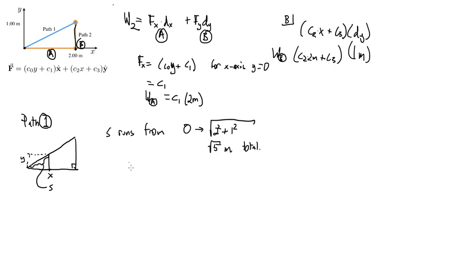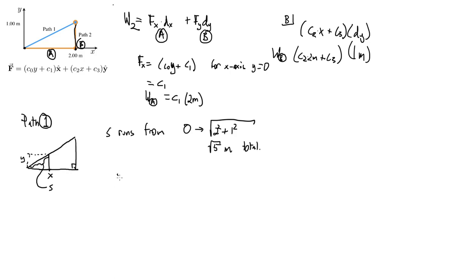At that point, I'd like to figure out what the force is along that path. It's a little tricky, but I can figure out the sum of the x force and the y force. We have one more relationship between x and y.